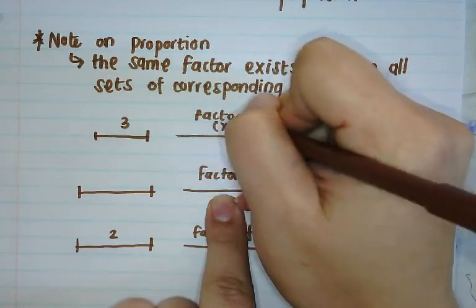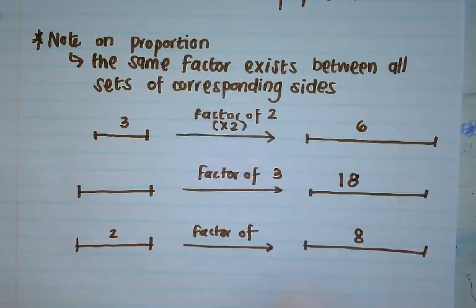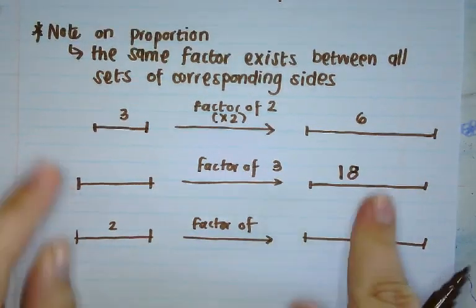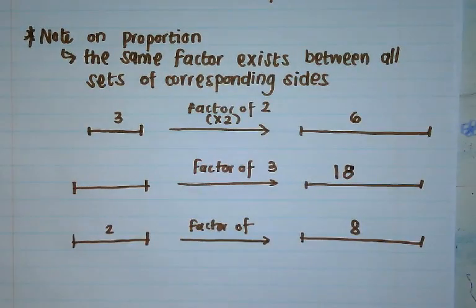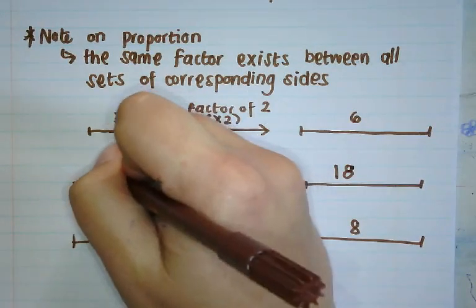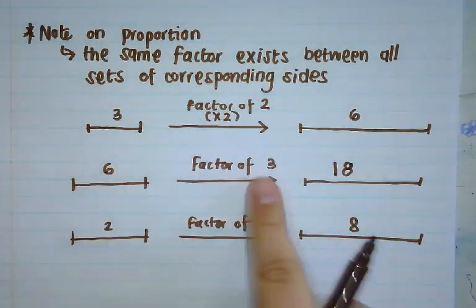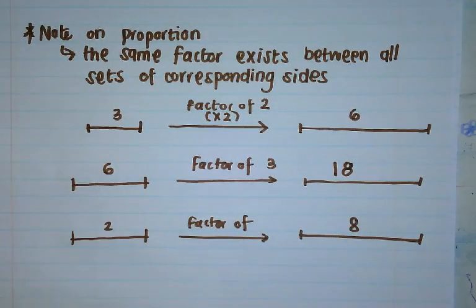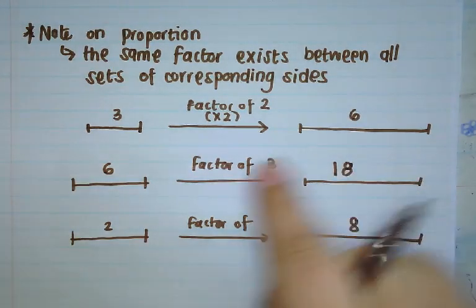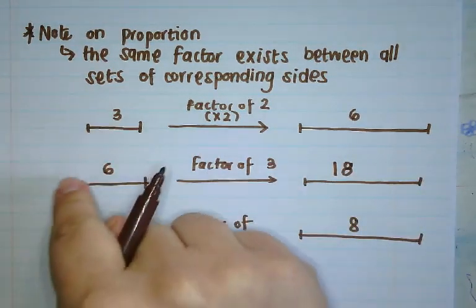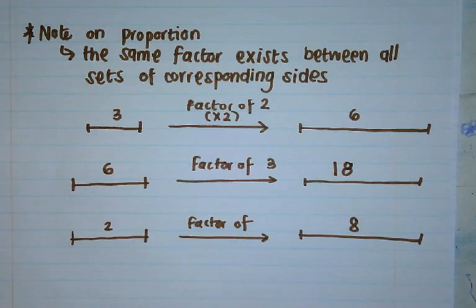So we are timesing by 2. If I had 18 and it was increased by a factor of 3, what was it? It was 6. 6 times 3 gives me 18, or you can go in the reverse. 18 divided by 3 gives me my 6.